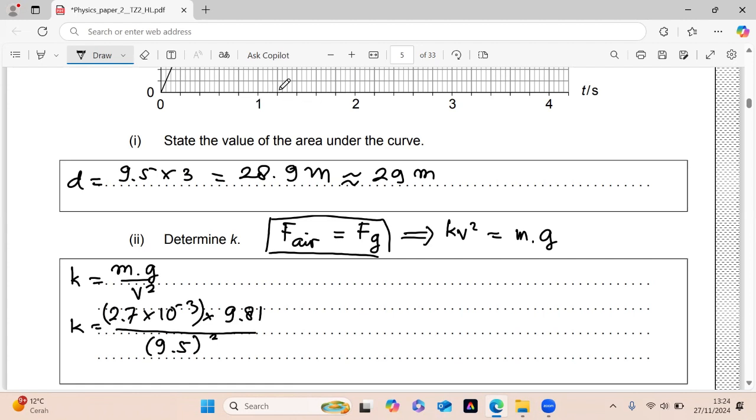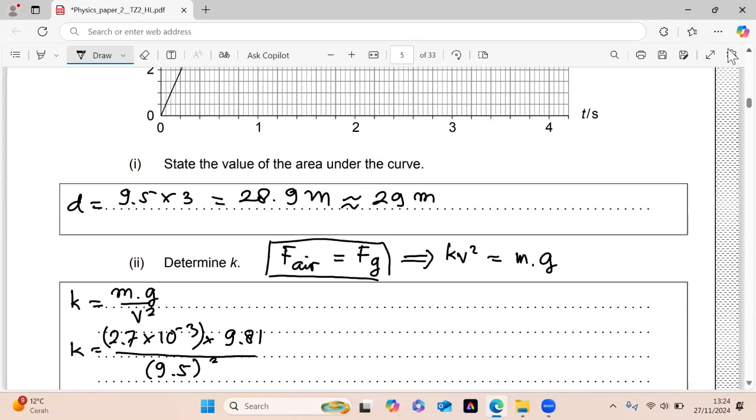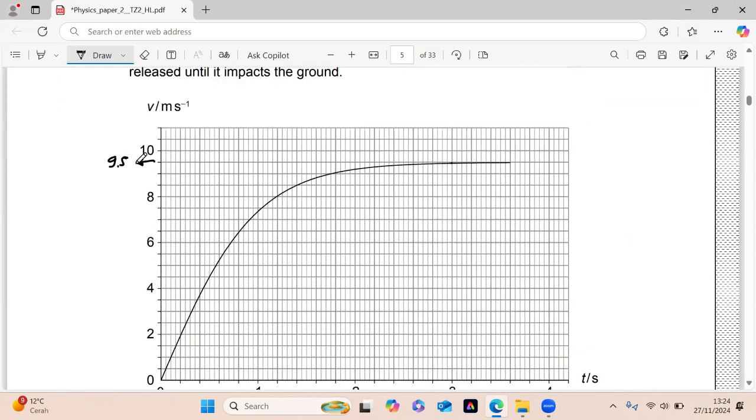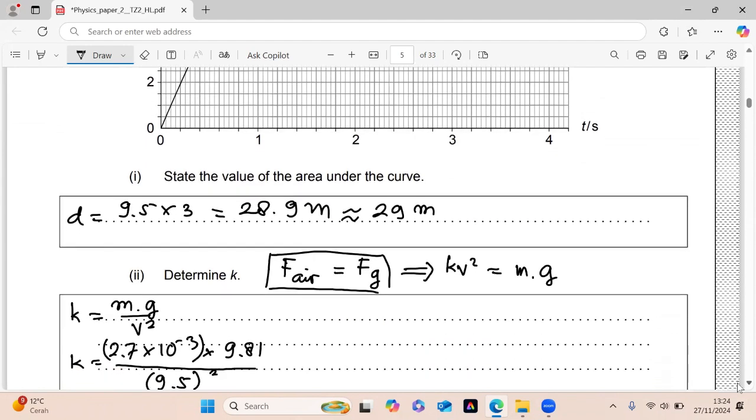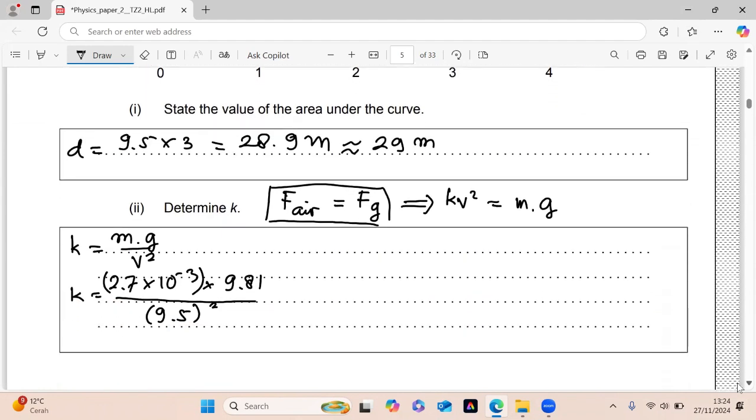Because through the graph, we can determine that the terminal velocity occurs at velocity 9.5. So that's why this is 9.5. Okay.